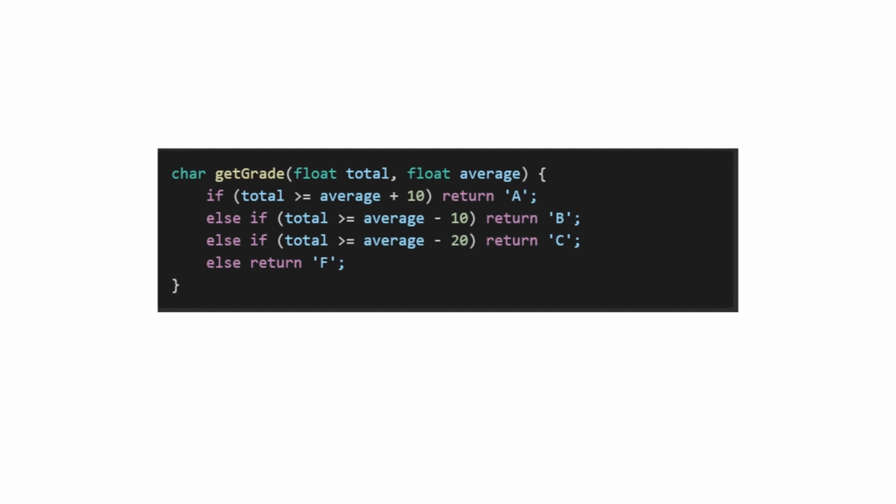If a student scores more than 10 points above the average, they get an A. If the score is within 10 points above or below the average, they get a B. If it is up to 20 points below the average, they receive a C. Any score more than 20 points below the average results in an F. This makes the grading dynamic and adjusts to the difficulty of the exam.